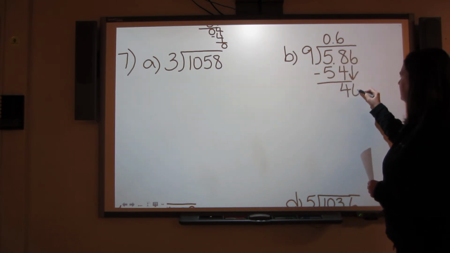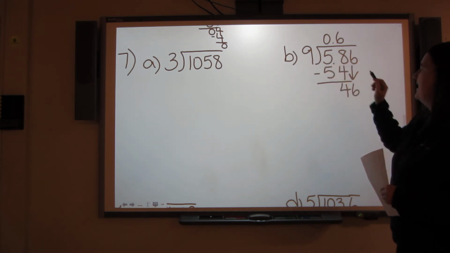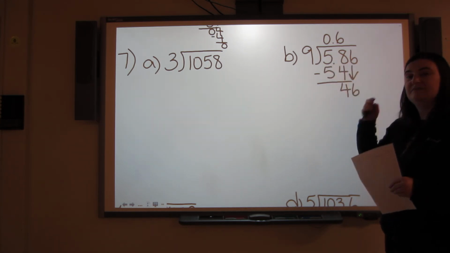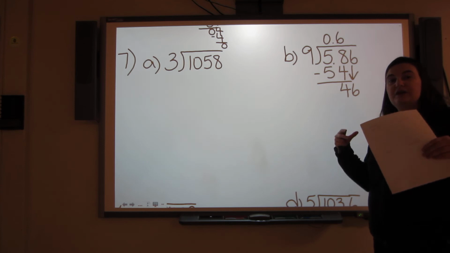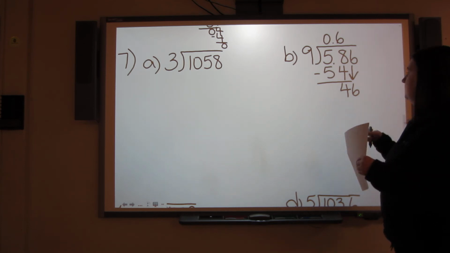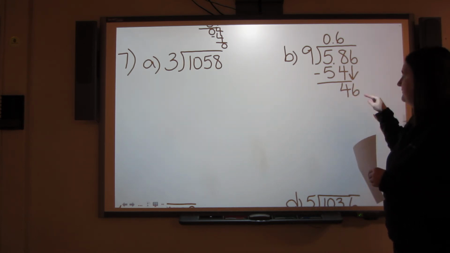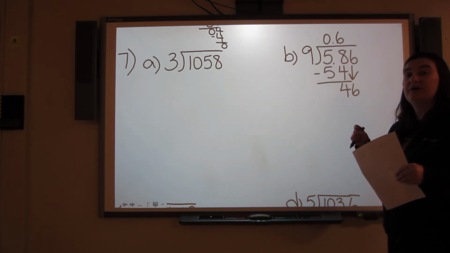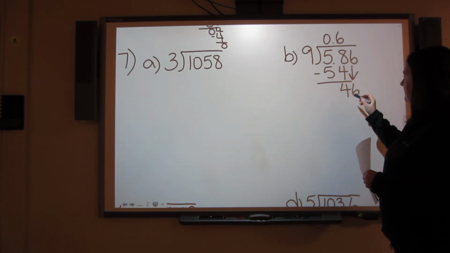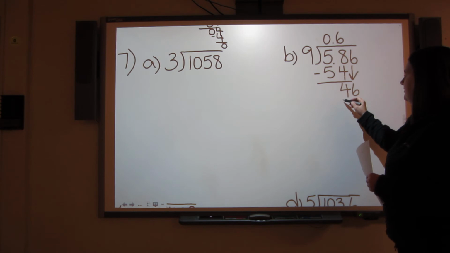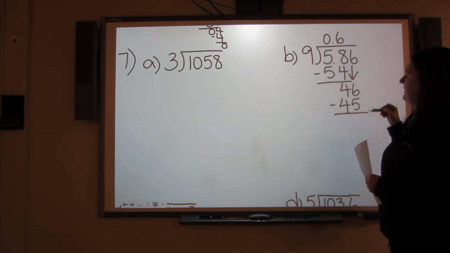Drop your 6. And now it's 9 into 46. So you look down your 9s until you get to the closest thing to 46 without going over. The closest thing in your 9 column would be 45. What are you going to put up here?